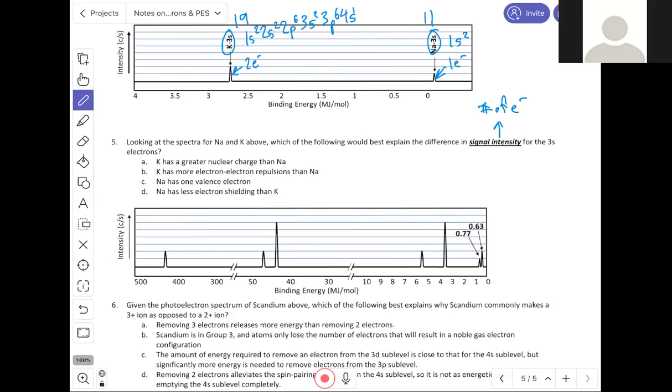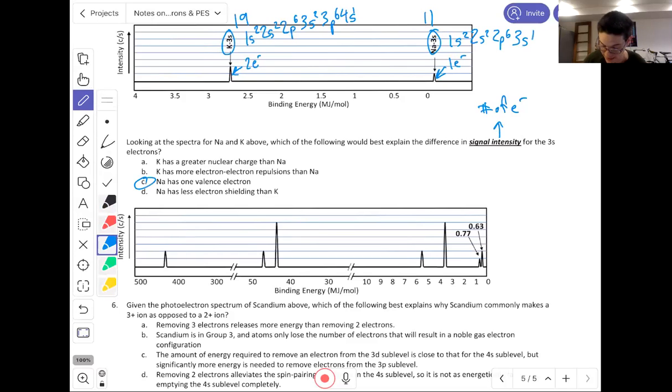Those are their electron configurations. And when you look at it that way, if we're looking at the 3s peak for both of these, it's the very last thing you write for sodium. It's its last electron, but it's in the middle of the electron configuration for potassium.